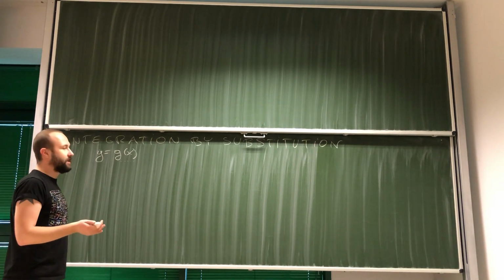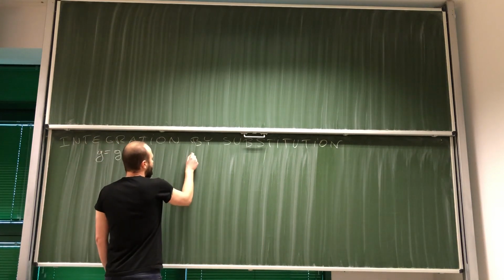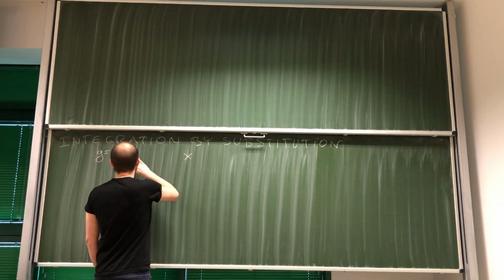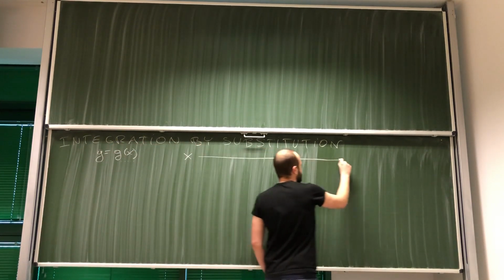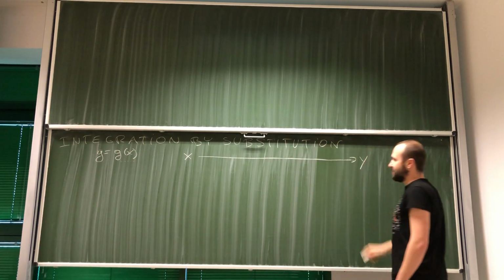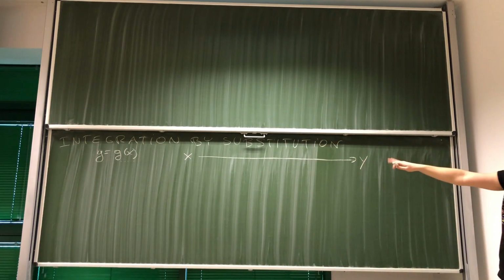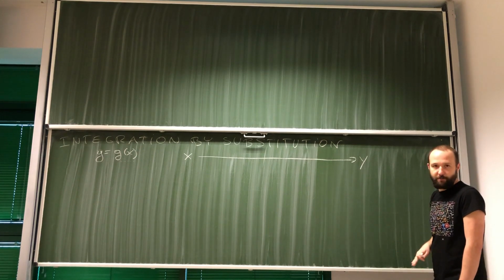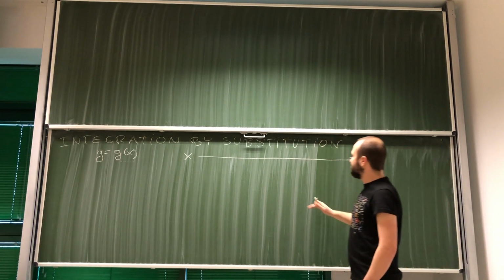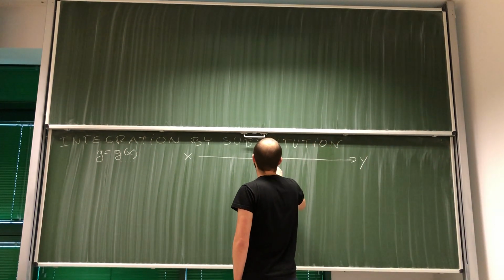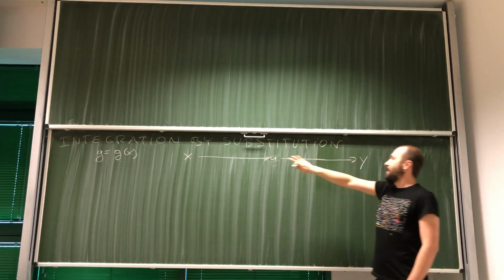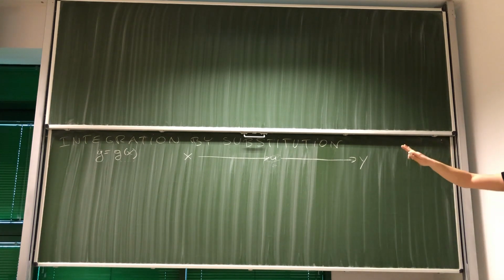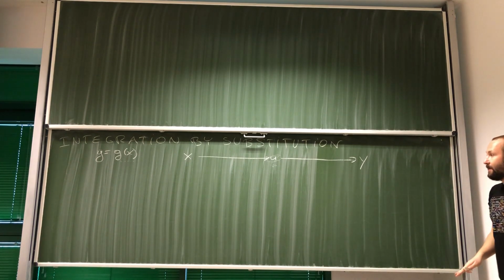So introduce an auxiliary variable. If here we have a situation that x influences y, but this relationship through function g is very complicated, we might introduce this auxiliary variable u, and examine the integral step by step.